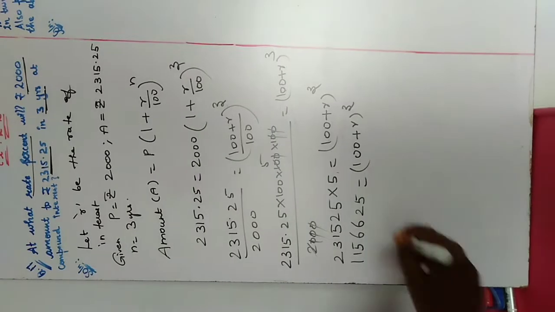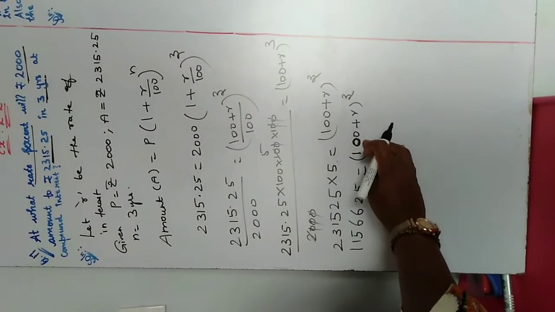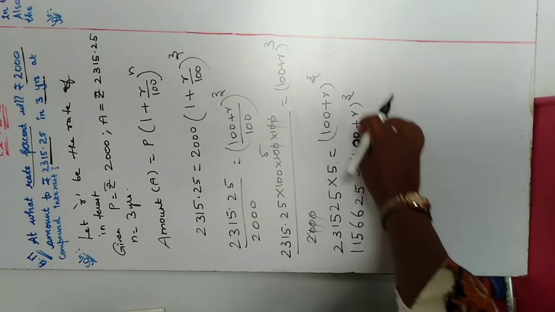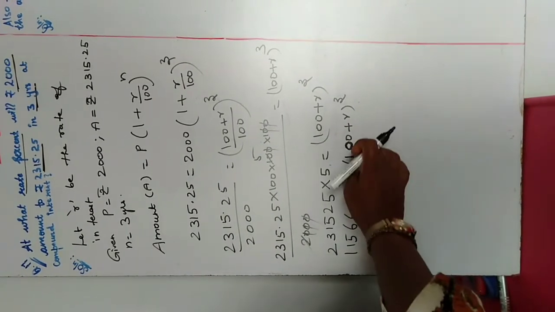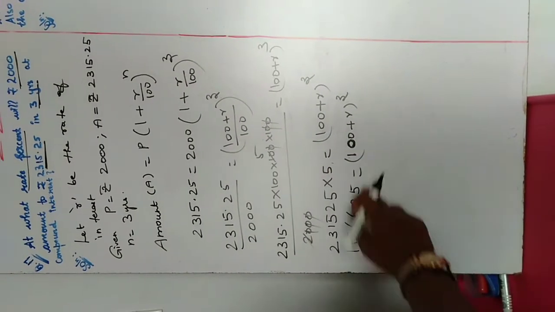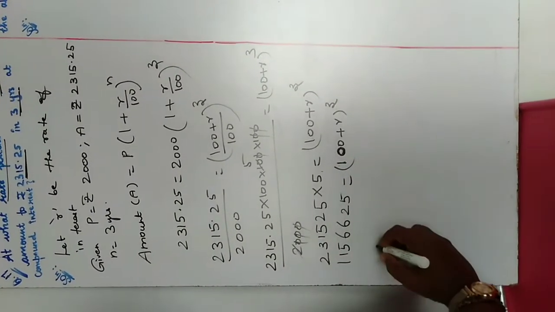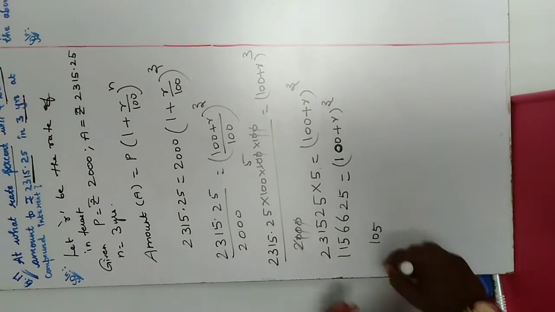For your clue I am telling you, the number here is 100, it is a cube number. Is there any cube number nearer to 100, next to 100, like 105 or 103? You want to check it. So as per the calculation, this is the cube of 105, right?